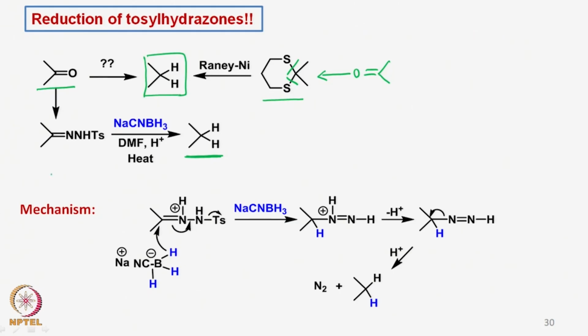Now there is another way by which we can do the same reaction, by converting the carbonyl group to the corresponding N-tosyl hydrazone. That is the reduction we are discussing, and if we use a protic source in DMF and heat it, we can get the same reduction, but then it is via the tosyl hydrazone. Now what is the mechanism?